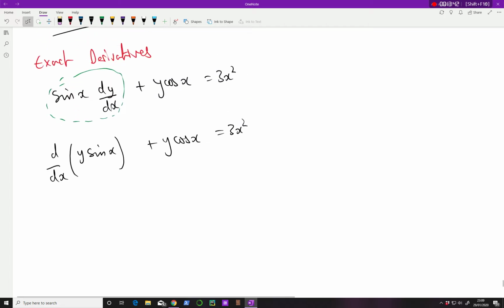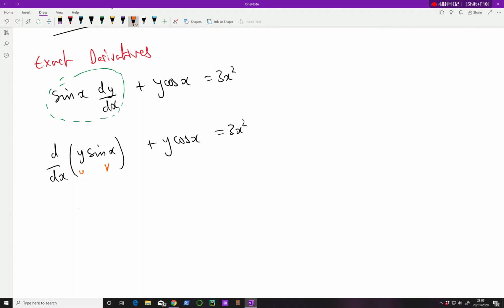If you actually went ahead and did this using product rule, so let's actually just go ahead and do that using product rule. So product rule, back in C3, you have two functions, and you name one u, you name the other v, and you're basically following this expression here.